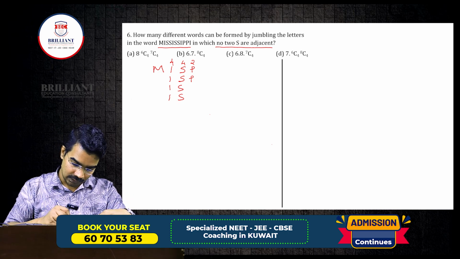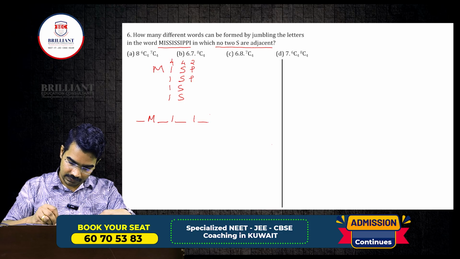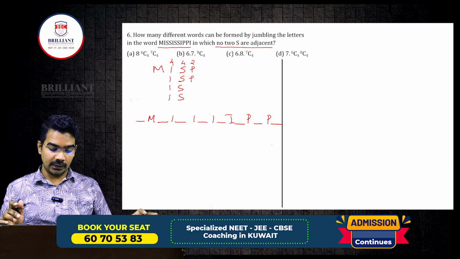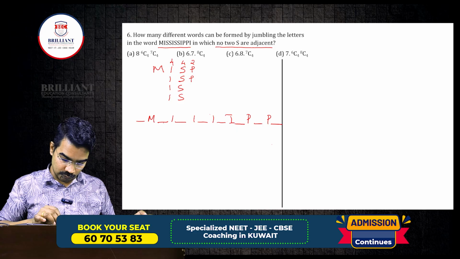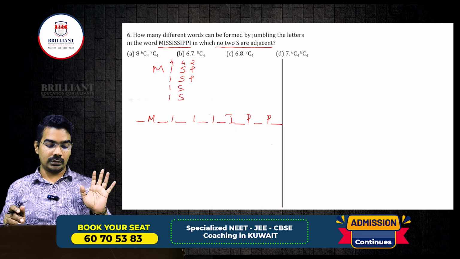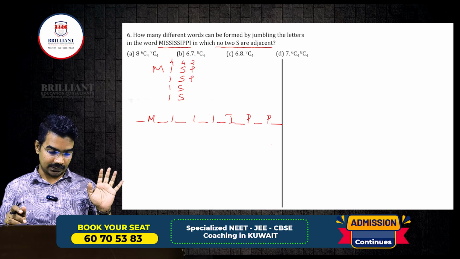So how to arrange? We have M, then I, then a slot, I, then P and a slot. If you put S in any of these slots, how many slots are there? 1, 2, 3, 4, 5, 6, 7 and 8. In these 8 slots, S's won't be adjacent.